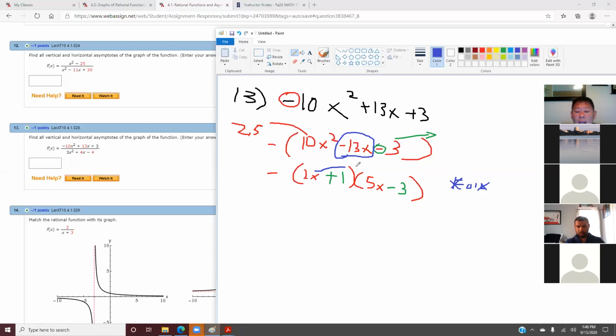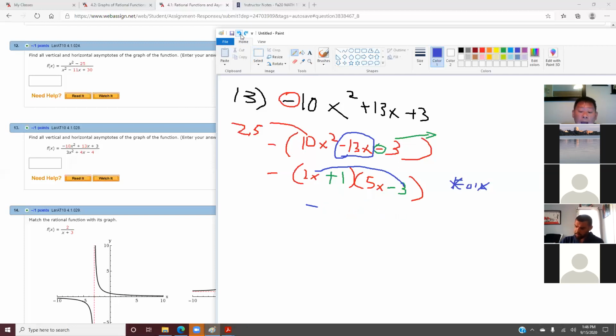So 2x times -3 is -6x. 1 times 5 is +5x. So this only gives me -1x. So guess what? 1 and -3 will not work here, because we need to get -13x, but you only get -x.